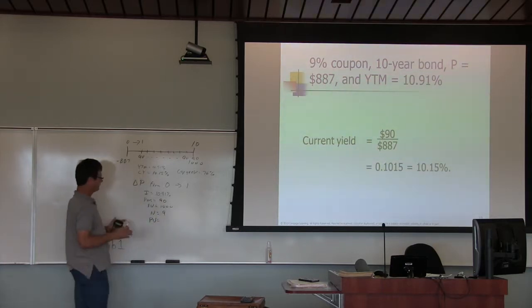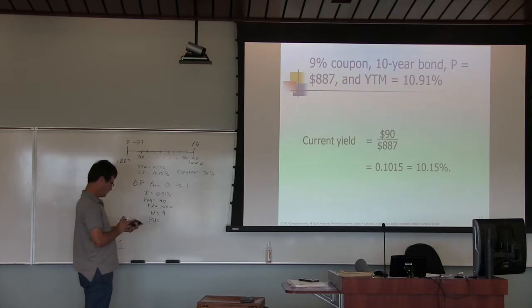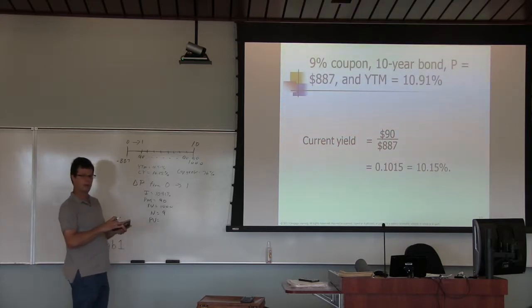and we're going to find at year 1 what we expect the price to be based on these parameters. 10.91 for the yield, 90 payment, 1,000 face or future value, 9 for N, and we compute what we think the price is going to be here.